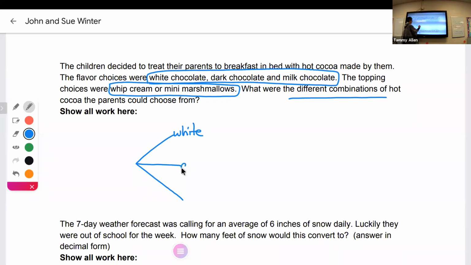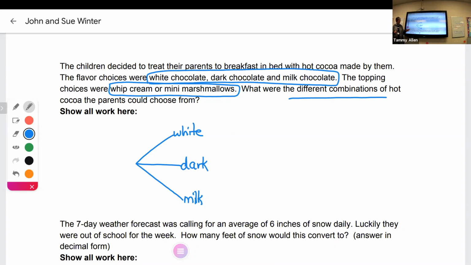So I'm just going to put dark there. And our third choice is milk chocolate. So I'm just going to put milk there. Okay? That makes sense? We could put the word chocolate with it, but it takes up a whole lot of room. All right?